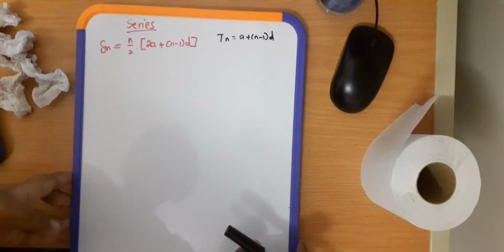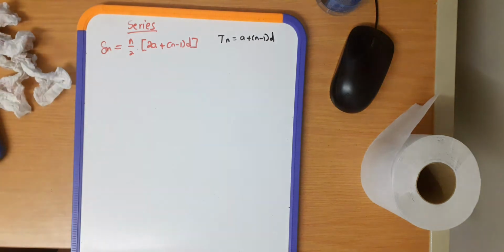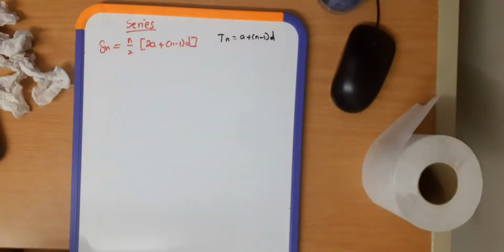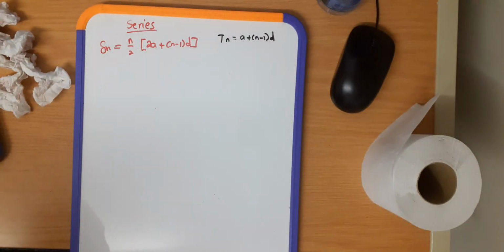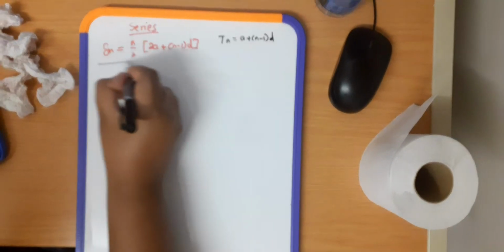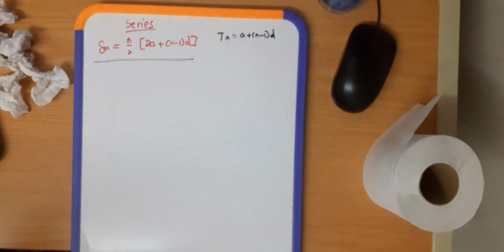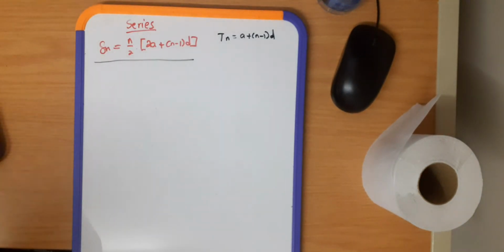Okay, so we're going to do the proof here. I'm going to try and do a proof that is kind of different from the one that they do in matric. But yeah, ask your teacher if you can use the proof that I'm using right now. I have this and I want to prove that this is true for all n.